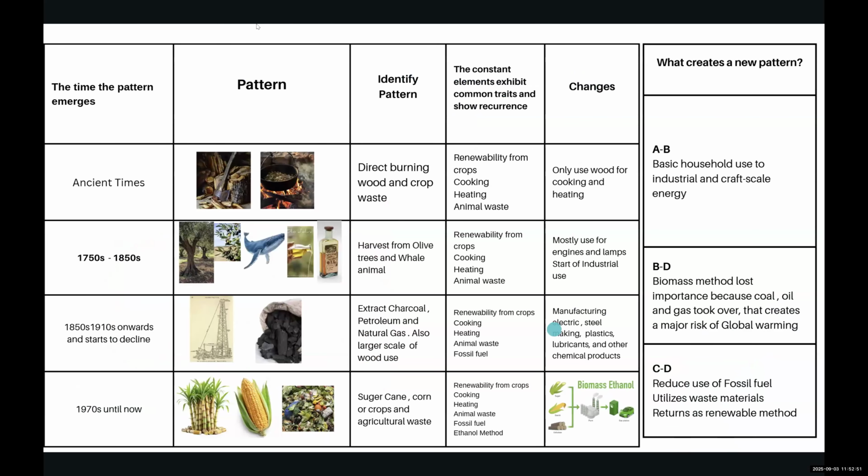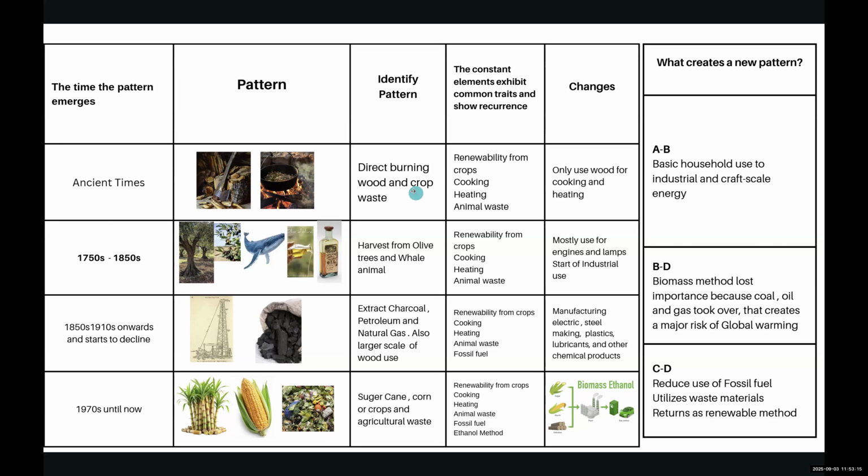So these are the patterns that I have written. The time of the first pattern emerged around ancient times, which is not really specific in Wikipedia or in what I searched, so we don't really know the time. But we do know that they used wood for the very first time for cooking and warming up the home. So it was basically small-scale use.